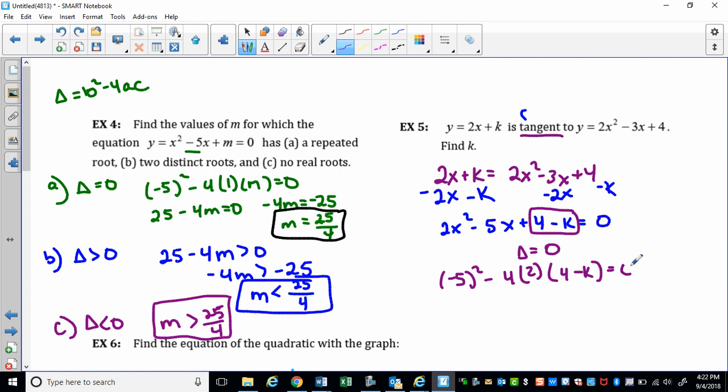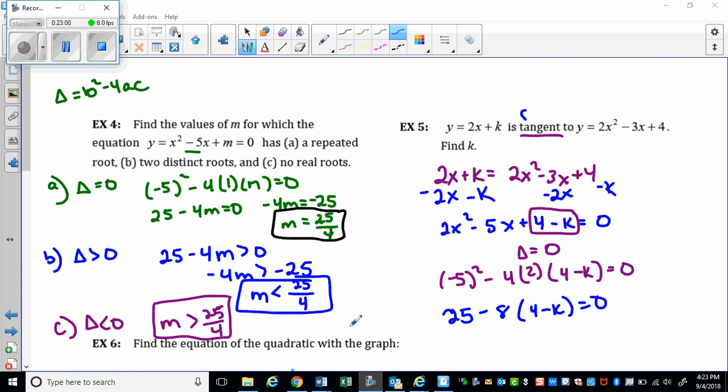This is a really good IB question, actually. Negative 5 squared is 25. And then I have negative 4 times 2, which is negative 8 times 4 minus k, equals 0.